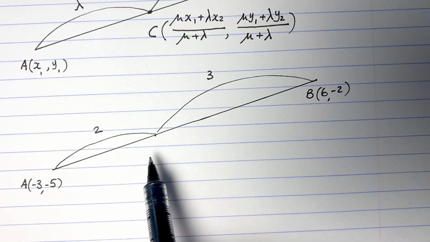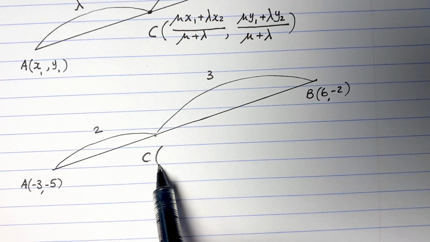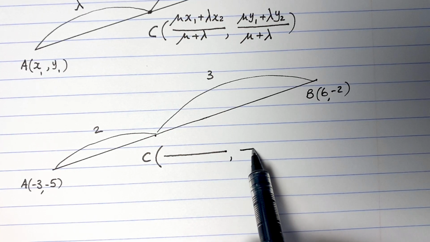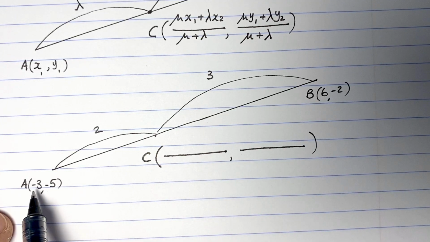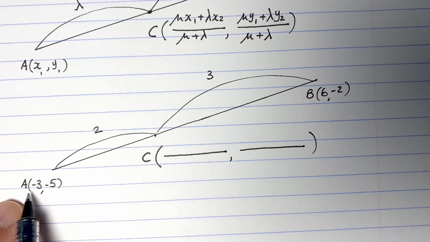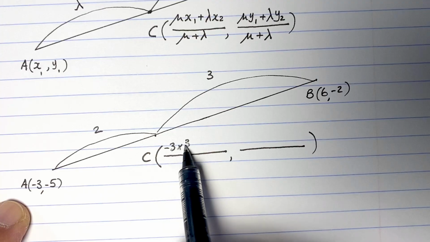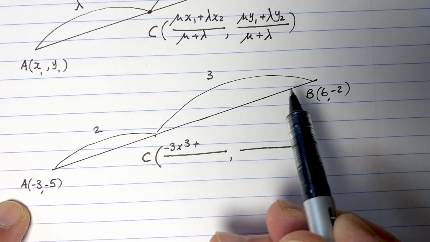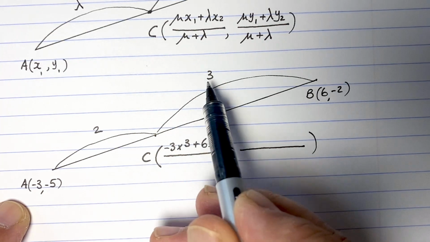So the coordinates of this point, say C: the x coordinate of A, -3, times 3 plus 6 times 2, divided by 2 plus 3.